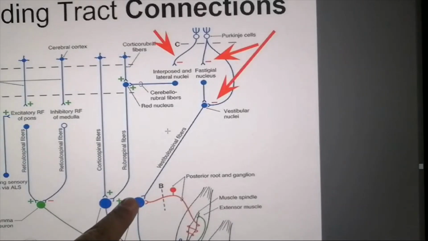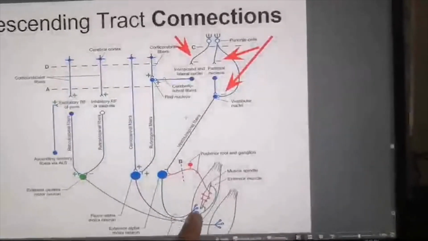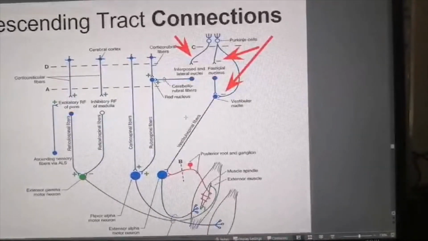This is free now, so it will go into overdrive. Guess where it's going? It's supplying the extrafusal fibers of the extensor muscle. So what will happen in the extensor muscle? They will become overexcited, extended, tense. Can we say spastic?